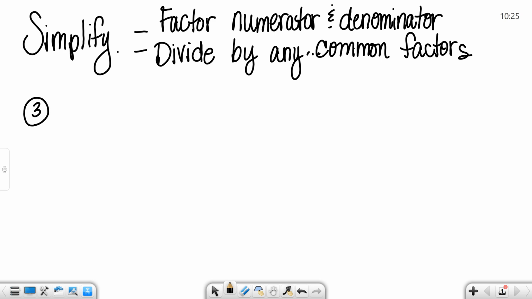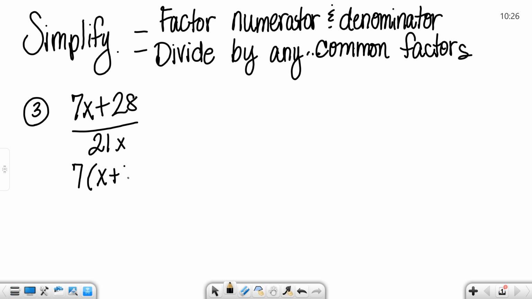Okay, so let's simplify 7x plus 28 over 21x. All right, so simplify means we're going to factor the numerator and the denominator, if that is possible. Well, you can factor this numerator, can factor out a 7, we get x plus 4 over 21x. Can't factor 21x.